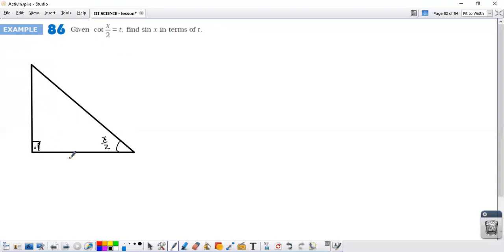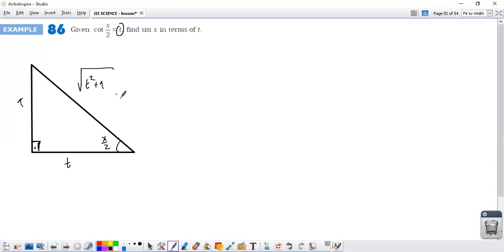The adjacent over opposite, right? So if adjacent over opposite is t, we can take this side as t and this side as 1. So for x over 2, the adjacent side is t and the opposite is 1. T over 1 is t, which is cotangent x over 2. By using the Pythagorean theorem, we can find the hypotenuse. What is the hypotenuse? Root of t squared plus 1.